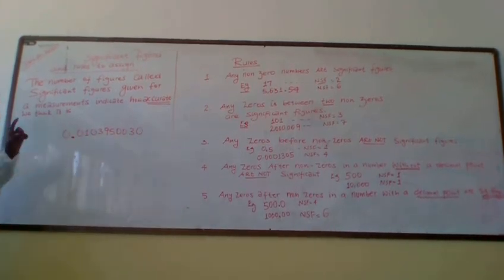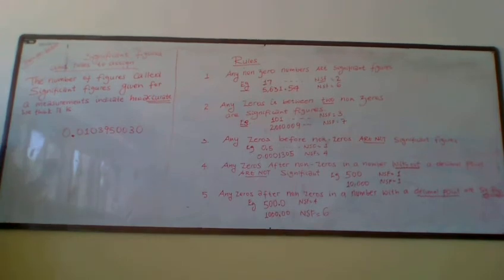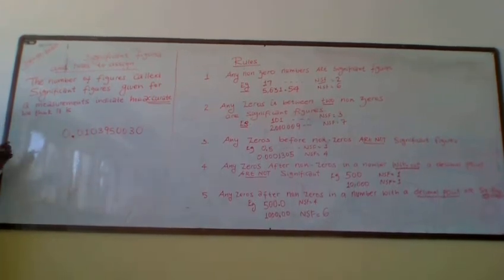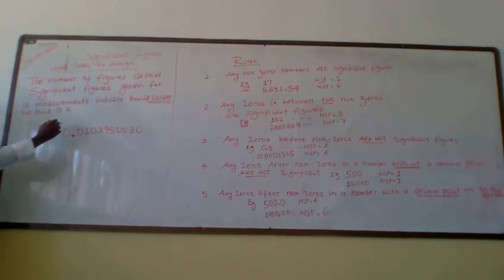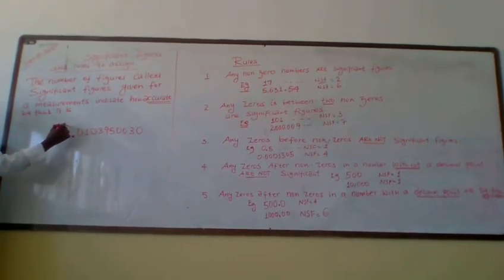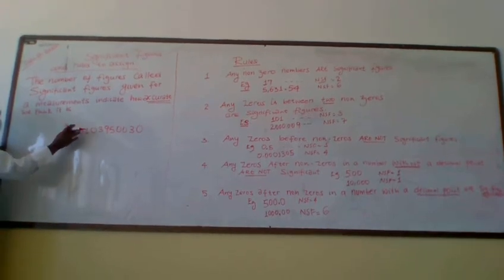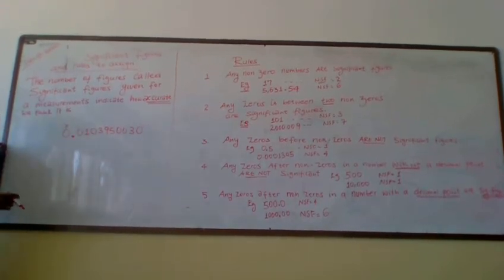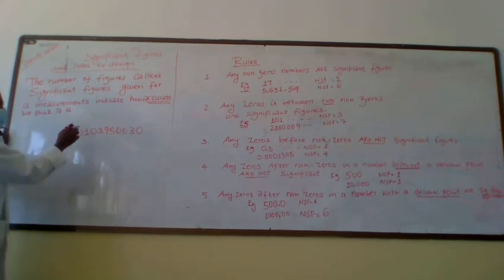Now let's go one by one. It's preferable if we tick each one. Is this 0 significant? No. Is this 0 significant? No, because it comes before the decimal point.